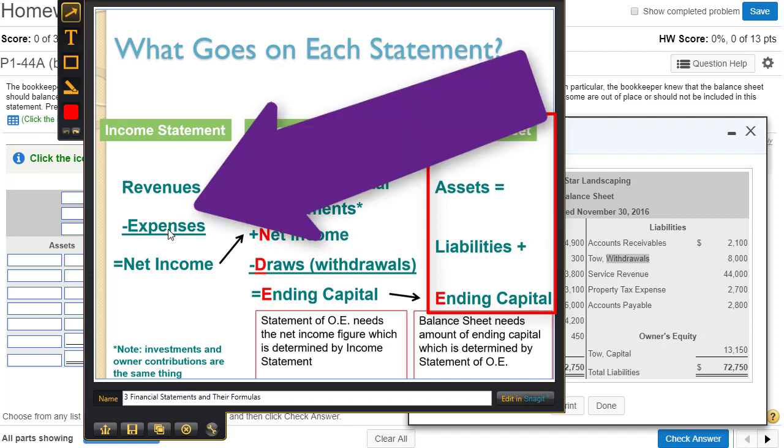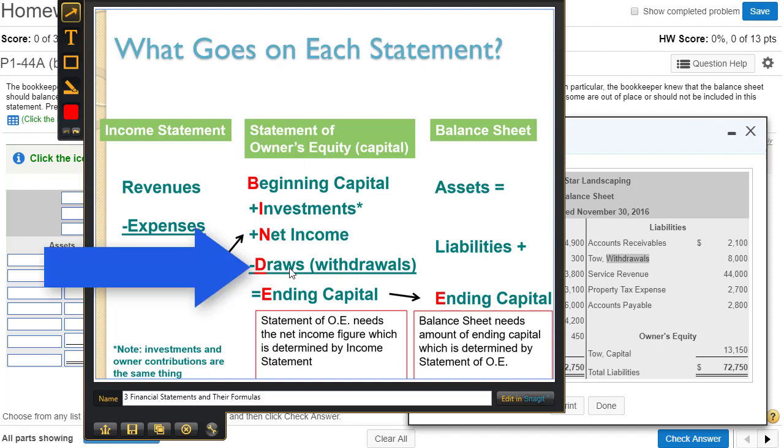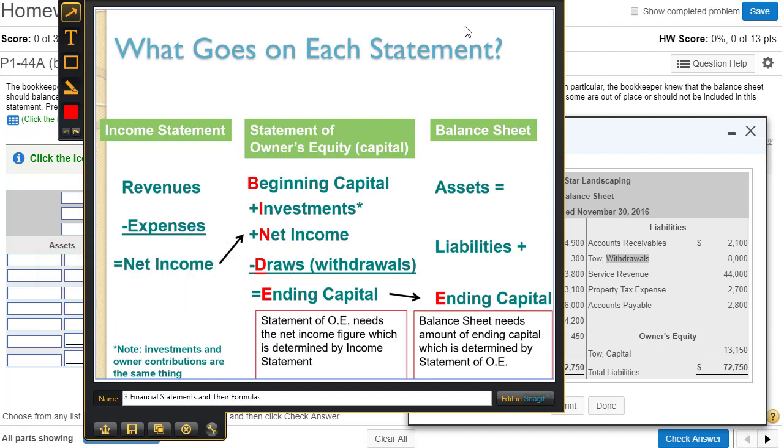So notice revenues and expenses are over here on the income statement. They should not be on the balance sheet. And investments, also known as owner contributions, are only on the statement of owner's equity, and same thing with draws. So if we find revenues and expenses, investments, and draws on the balance sheet, then that's incorrect.